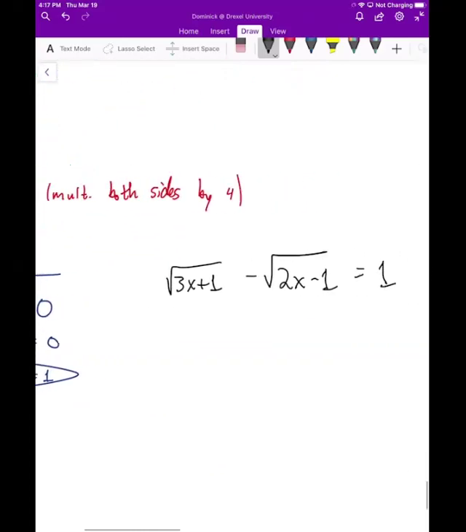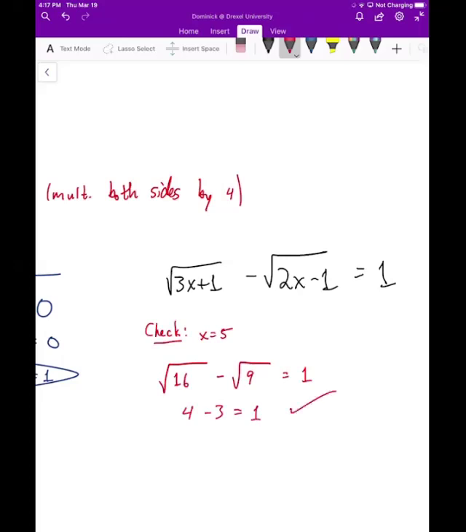So first, let's check x equals 5. Right, so if we plug in a 5, we get 3 times 5 plus 1 is a square root of 16 minus square root of 10 minus 1, so 9. Does that equal 1? Well, that will give us 4 minus 3, which does equal 1. So that works.